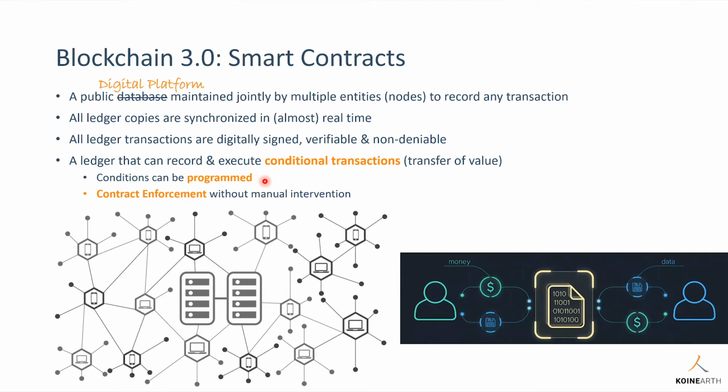That's what they're talking about: the ability that two parties, in this case the green and blue party, can enter into a contract with each other. And the underlying platform, using smart contracts and digital signatures and distributed ledgers, ensures that the contracts will be executed without manual intervention. That is really the power of smart contracts. And this started to emerge around 2015-16, blockchain 3.0.